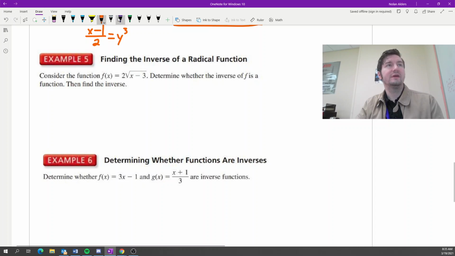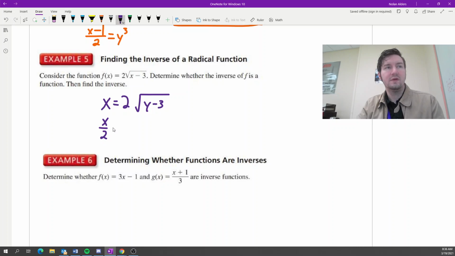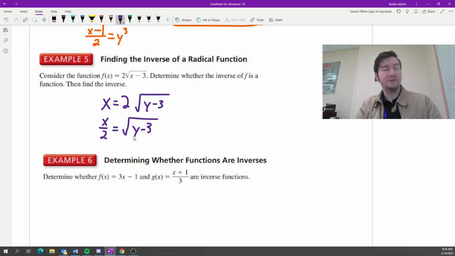So let's change colors here. Let's change our f of x to an x, and x to y: x equals 2 square root of y minus 3. Okay, first step here, we want to get rid of this 2. We want to isolate this square root. So we'll have x over 2 equals the square root of y minus 3. Next, we want to get rid of that square root. Opposite of square root is to square.